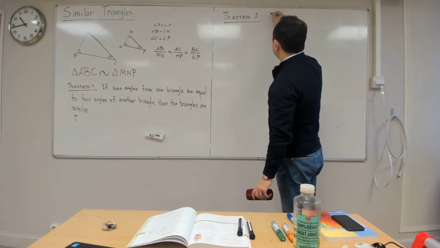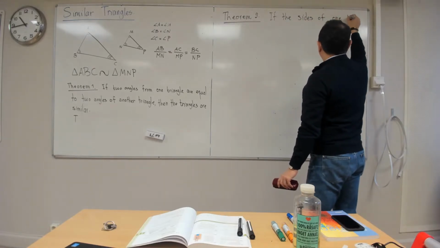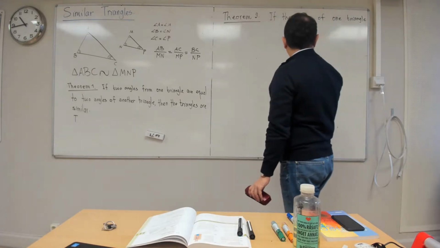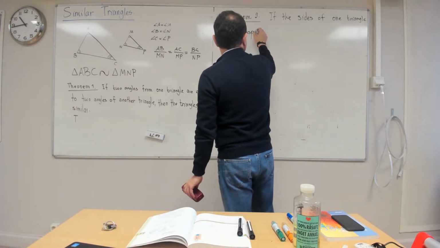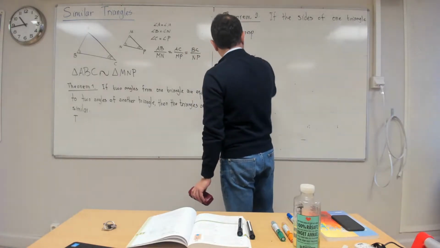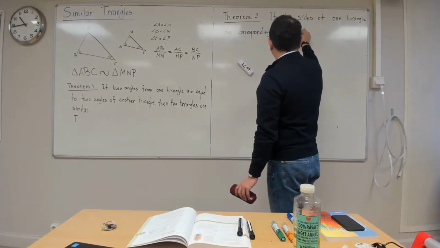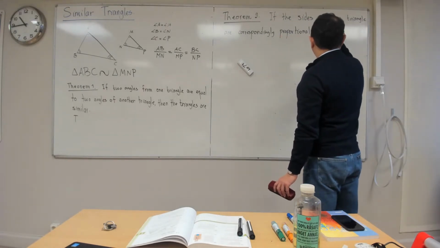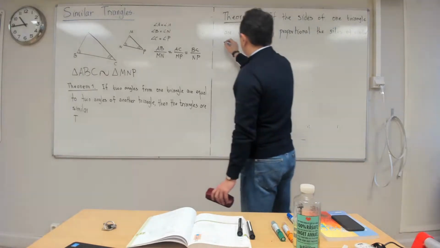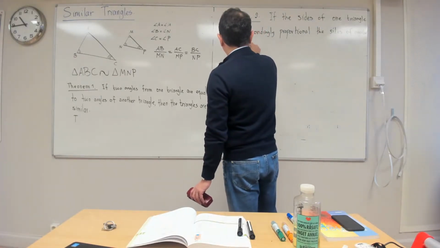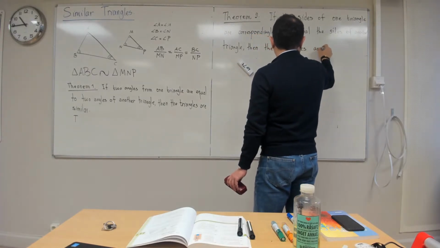Okay, so theorem number 2: if the sides of one triangle are correspondingly proportional to the sides of another triangle, then the triangles are similar.